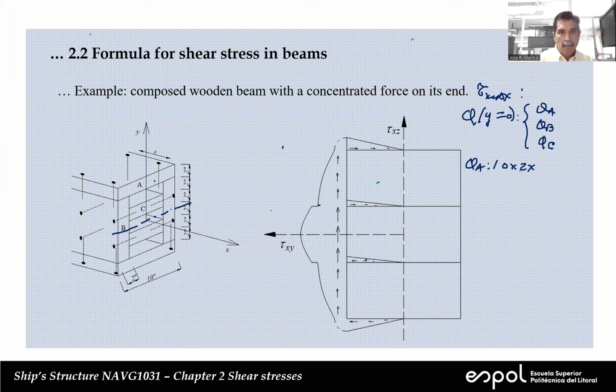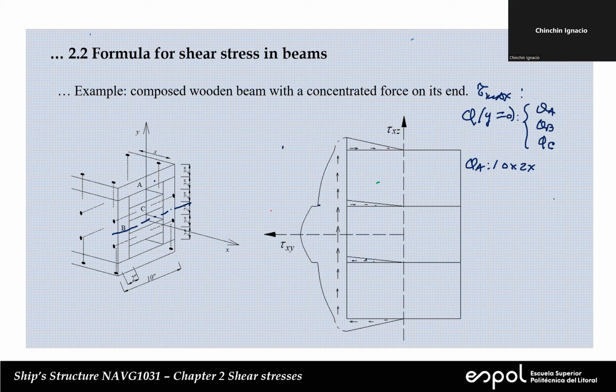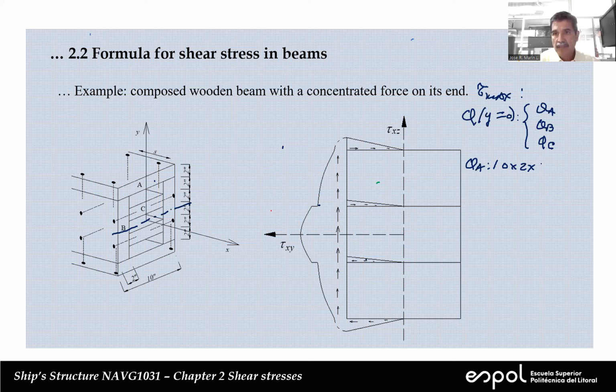Okay, 10 is the width, 2 is the height, and 7 is the distance from... is that 7? No, it's 6, doctor. Sorry, 6. Yes, no problem, 6. So that gives us 120, in cubic inches, right?